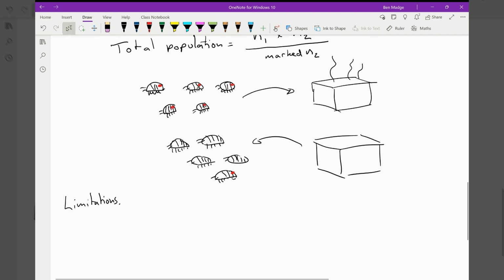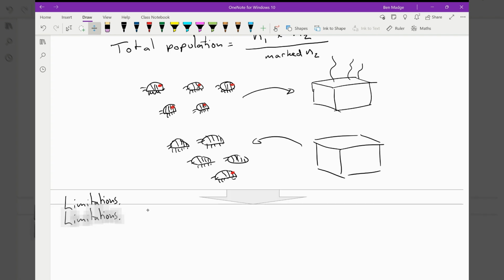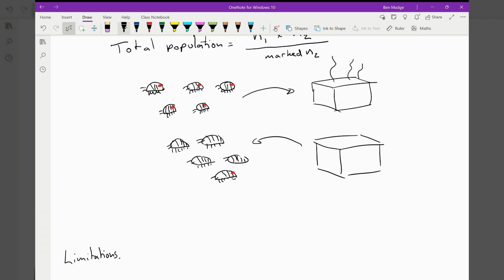So if I want to work out my Lincoln's index for this population, to estimate the population, my population will be equal to the number in my first sample, which is 5, multiplied by the number in my second sample, which is 5, divided by the number that is marked in my second sample, which is 1.